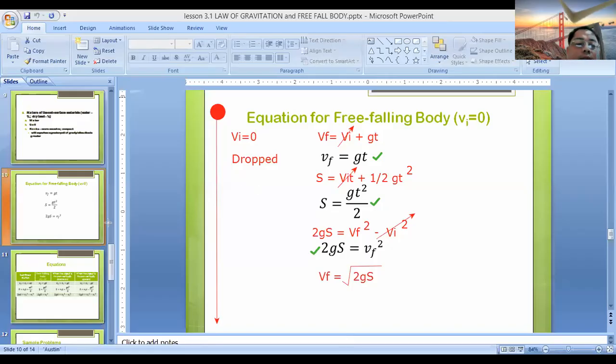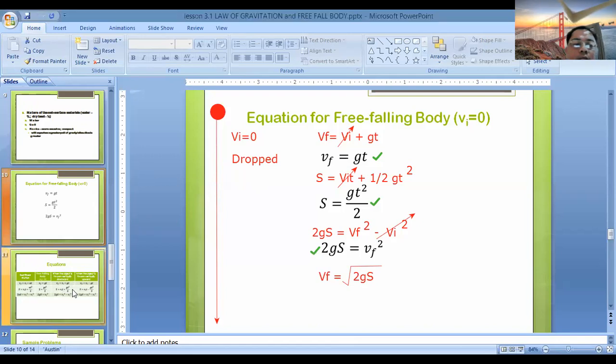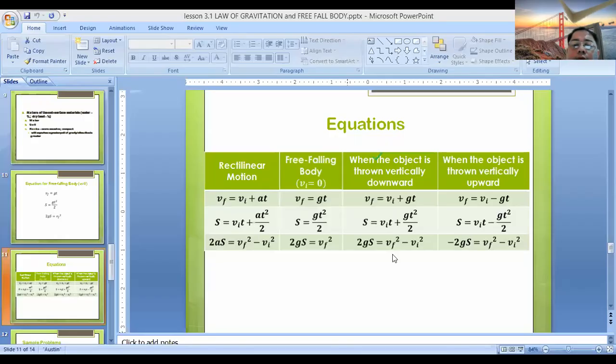Now, aside from an object that is being dropped, we will be provided with a next set of equations, and allow me to delete all the ones that I wrote first. I will repeat. If we are dealing with merely an object that is being dropped, then we can apply this equation.